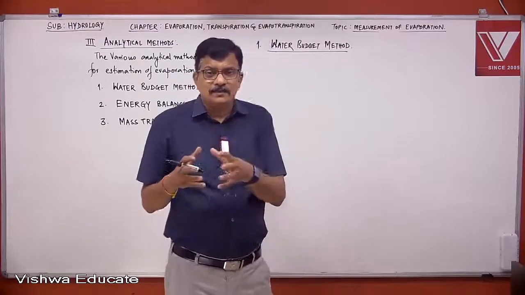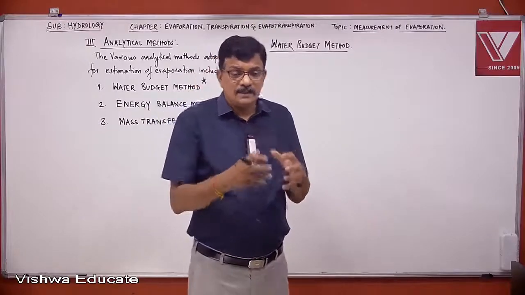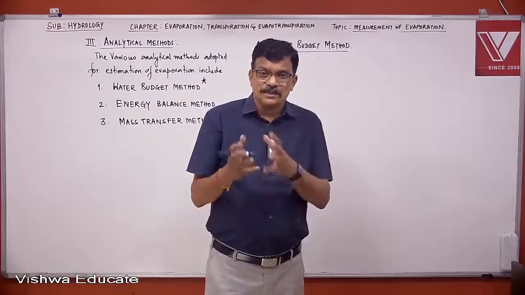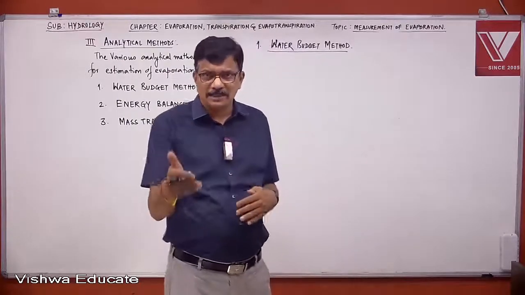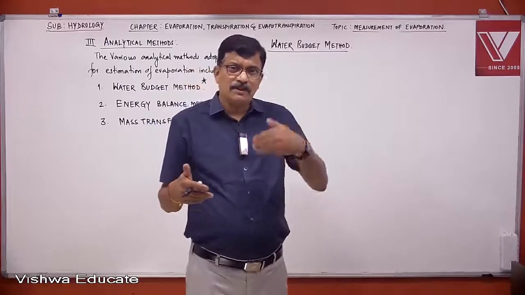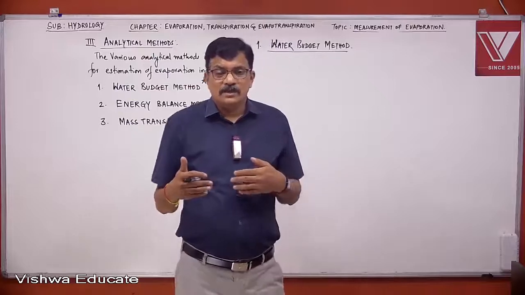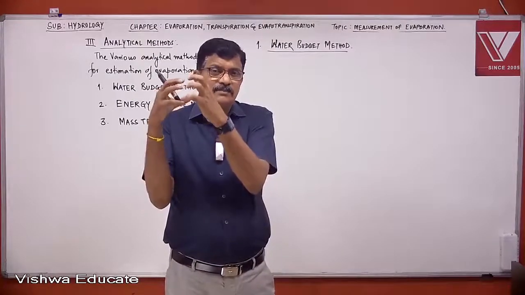In that there are some allocations and there are some heads which consume water, so there is something called plus and something called minus, expenditure. So collectively we get a certain quantity.